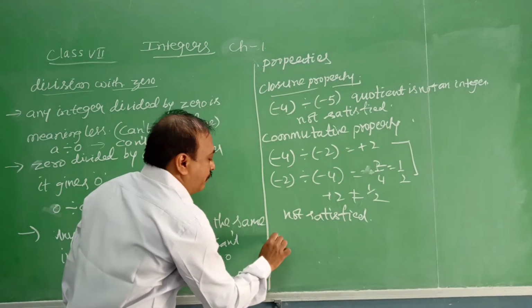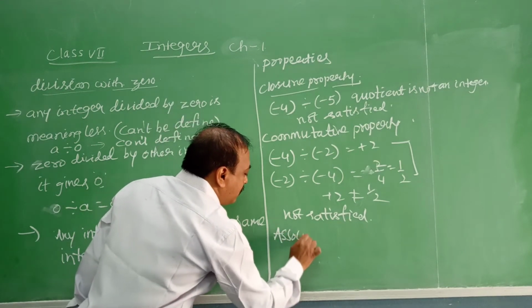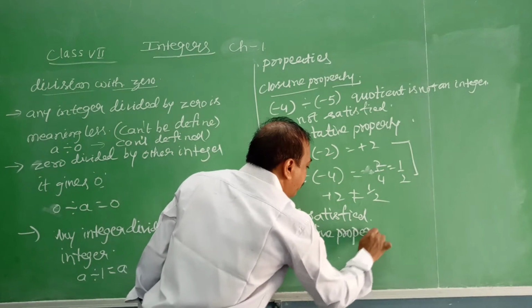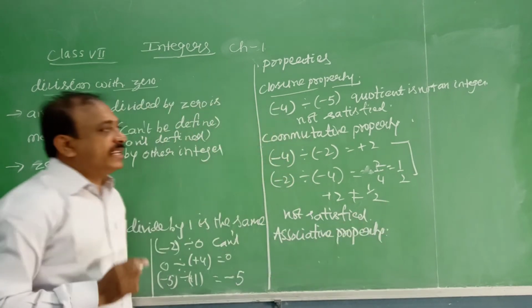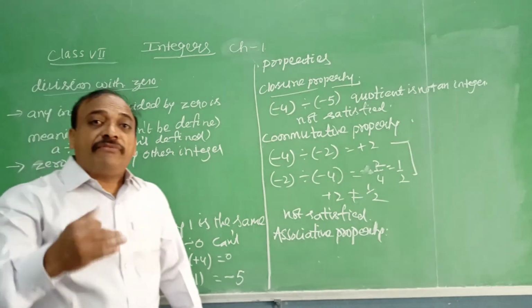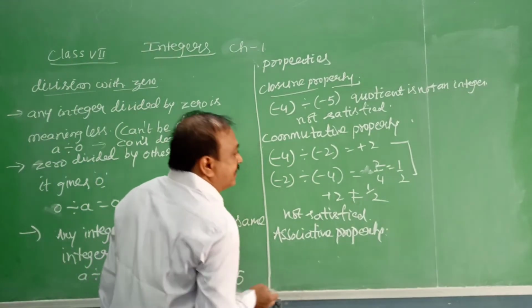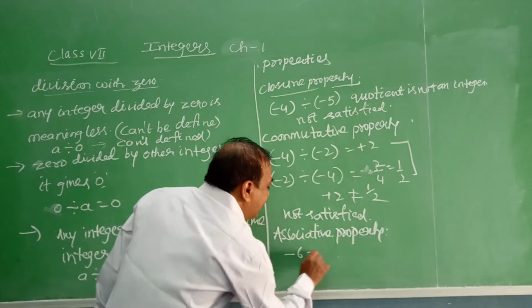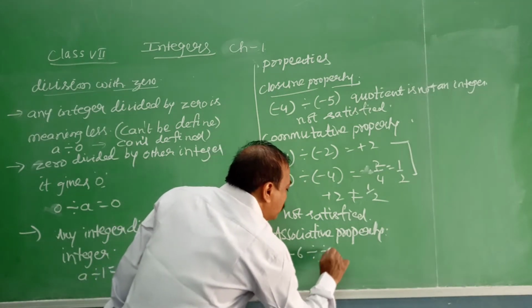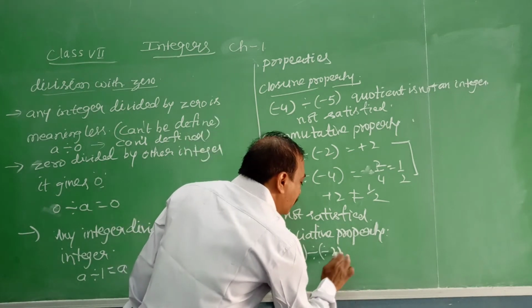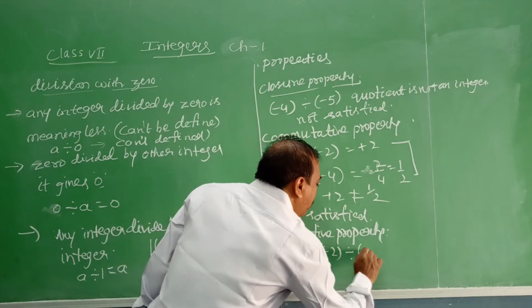Next, associative property. So a divided by b, divided by c, with brackets, for any integers, that is minus 6 divided by minus 2, divided by minus 1.